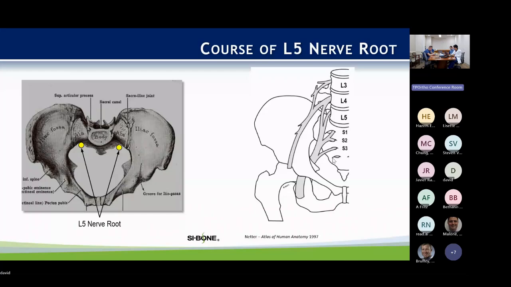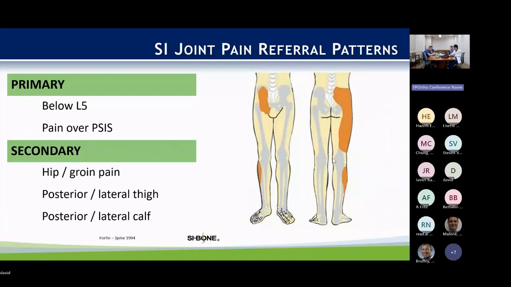Some of the early descriptions of where SI joint pain can refer discuss pain over the PSIS in the buttock area, classically called the Fortin's test. And they did experience patients who had injections in the SI joint that seemed to have relief in the groin and the lateral thigh and the posterolateral calf as well.